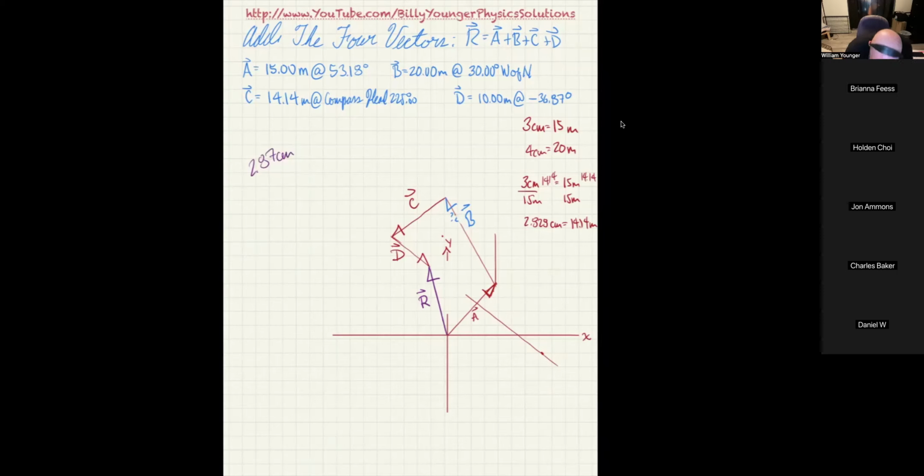That's the length. And of course, 3 centimeters corresponds to 15 meters. So 2.87, I can multiply 3 times 2.87 over 3. But then I have to do the same thing to 15. So that would make the left side 2.87.